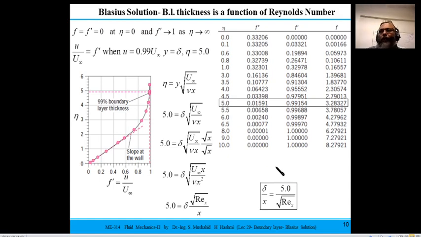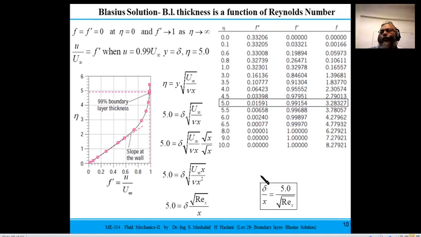After solving the governing equations using the Blasius solution, I got that proportional sign into an equal sign. So I know how much the boundary layer thickness would be at every value of x at a given Reynolds number. So as we see, the boundary layer thickness grows, so delta increases, which is a function of x.